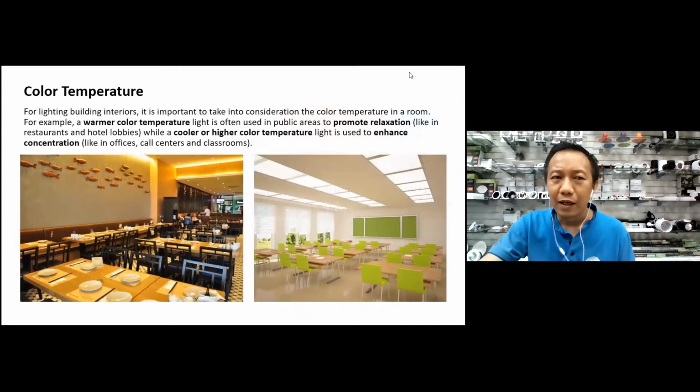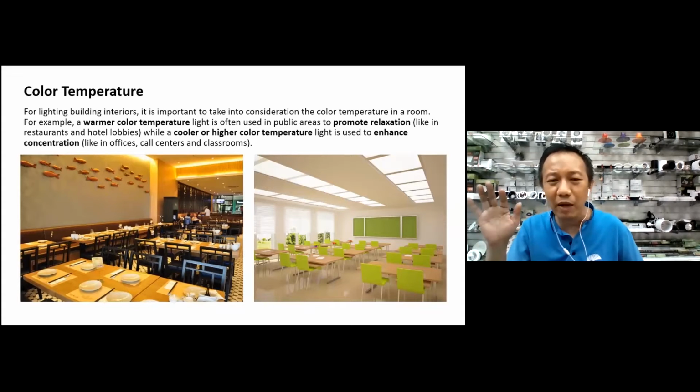Okay. For lighting building interiors, it is important to take into consideration the color temperature in a room. So nabanggit ko nga, for example, a warmer color temperature light is often used in public areas to promote relaxation, like in restaurants or hotel lobbies.